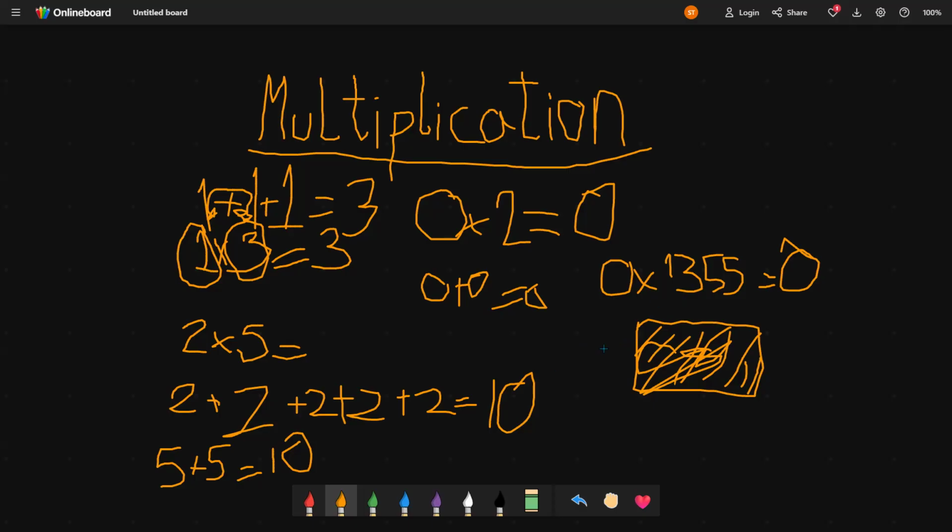The width would be, let's say, 5. You know what? No, 3. And then the length would be, let's say, 7. So then you can do this.